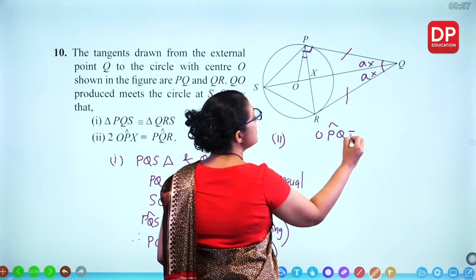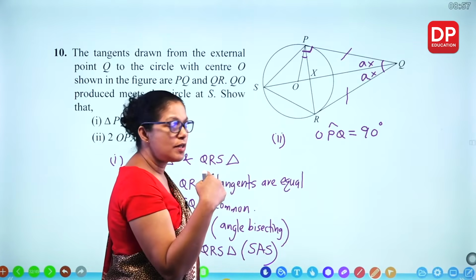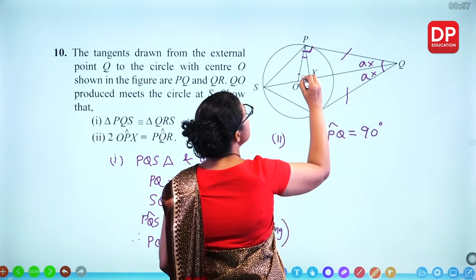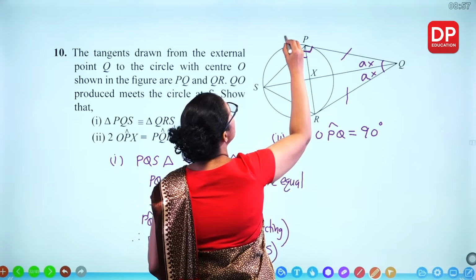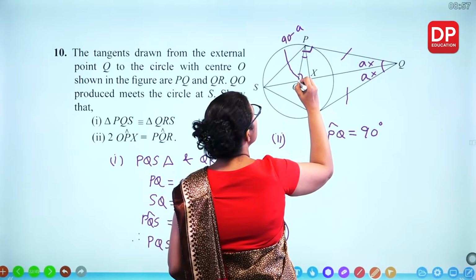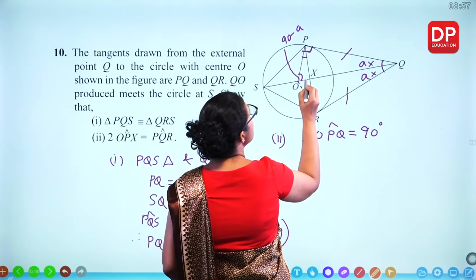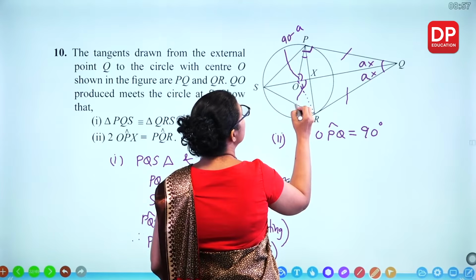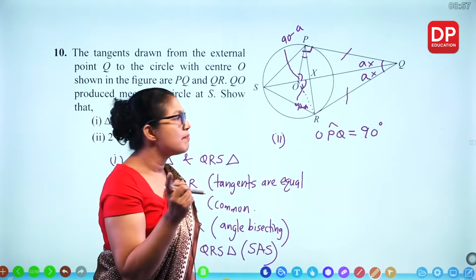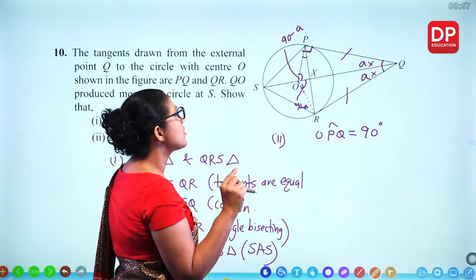Angle OPQ is 90 degrees because radius and the tangent both are perpendicular. So if this is A, what is this angle? 90 minus A. So when you connect this line, this is also 90 minus A because the angle is bisected by the line joining the center and the outside point.